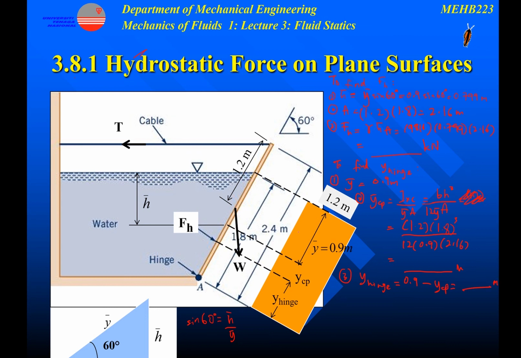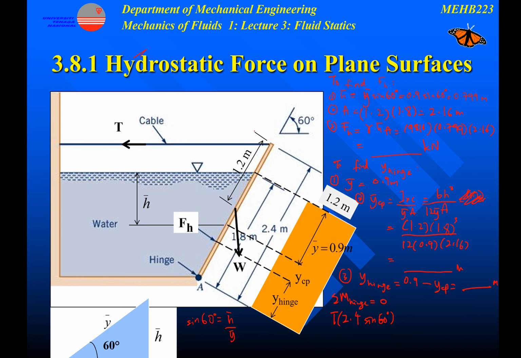To get the tension, you take the summation of moment about the hinge equal to 0. The counterclockwise moment is the tension: you take the component, with the distance being the whole length, 2.4, times sine 60.